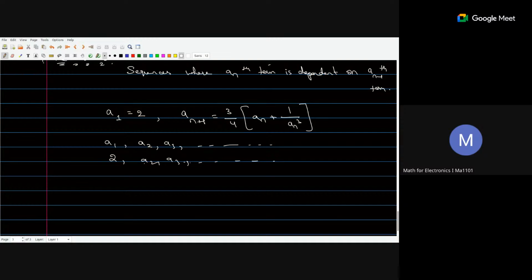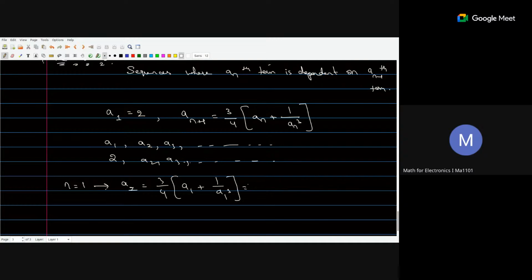To get A2, n plus 1 should equal 2, so I substitute n equals 1 in this recurrence formula and get A2 equals 3 by 4 A1 plus 1 by A1 cube.